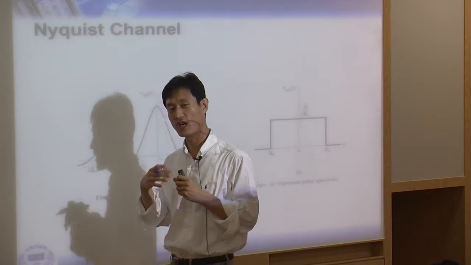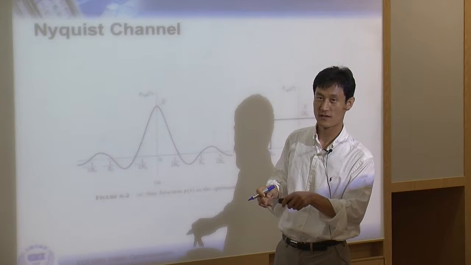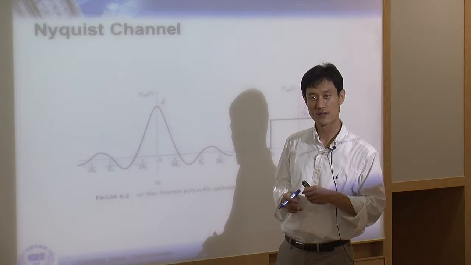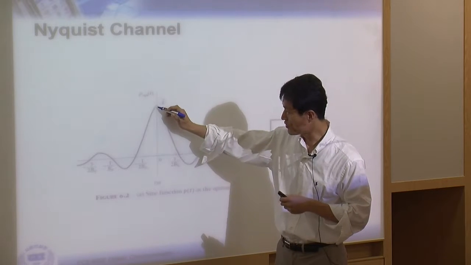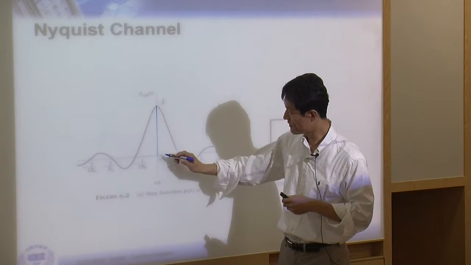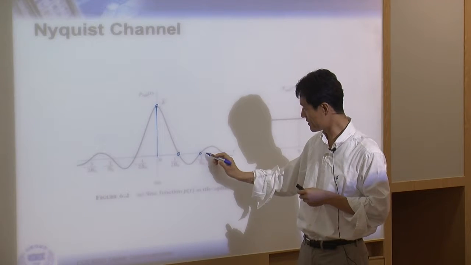Then how do you change this sinc function into this? That's sampling. Where do you sample? This is time domain, so you sample here, and here, here, here.